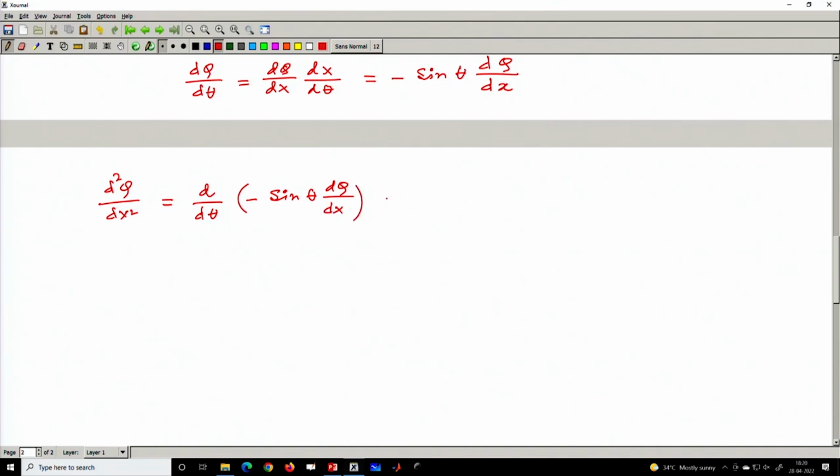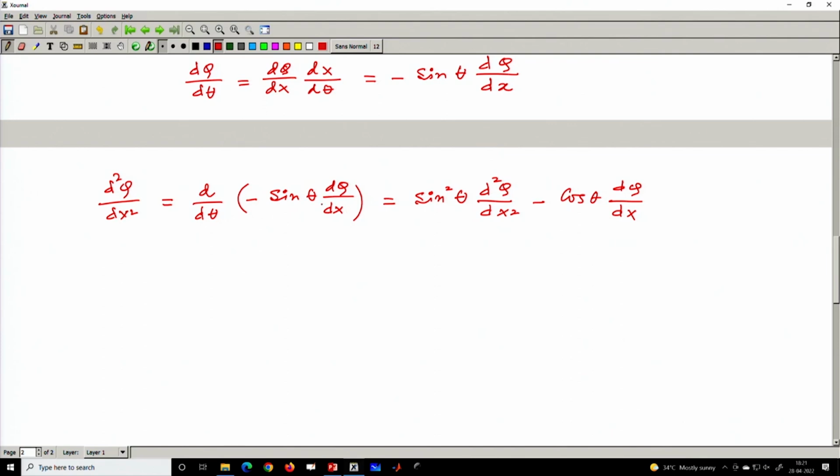If I do this, it simply comes out to be sin square theta d2q dx square minus cos theta dq dx. Why? Because I am making a derivative here, so the sin theta becomes cos theta, so minus cos theta dq dx is one term, and another is minus of sin theta and d theta of dq dx.